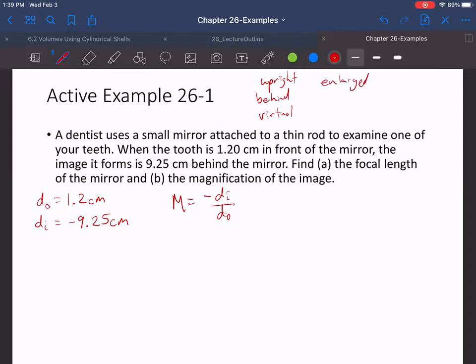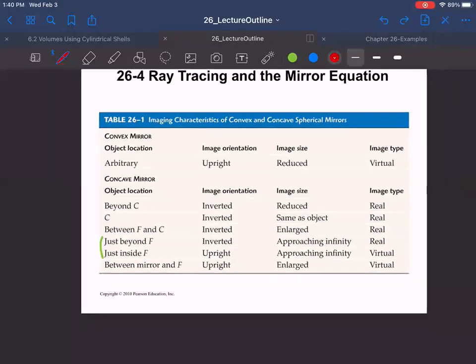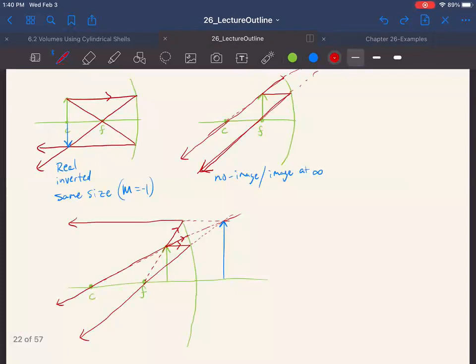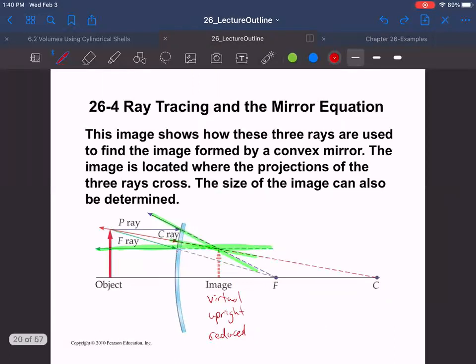So now we need to say to ourselves, what kind of mirror can give us an enlarged virtual image? You can look here at this chart if you remembered it, or we can look back at our examples. This one always gives us a virtual image, so you might be tempted to say that, but what do you notice about the images?